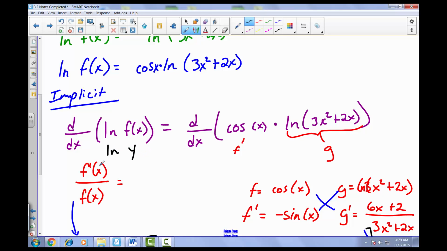Well, according to our definition, that just comes out to be our derivative with respect to x on top, so that would have been dy over dx divided by the original function, so y. This is also the exact same thing as saying 1 over y times dy over dx. They mean the exact same thing, all three of these.